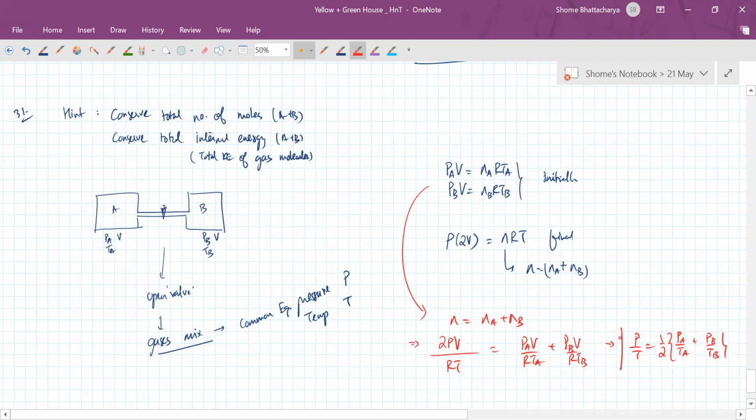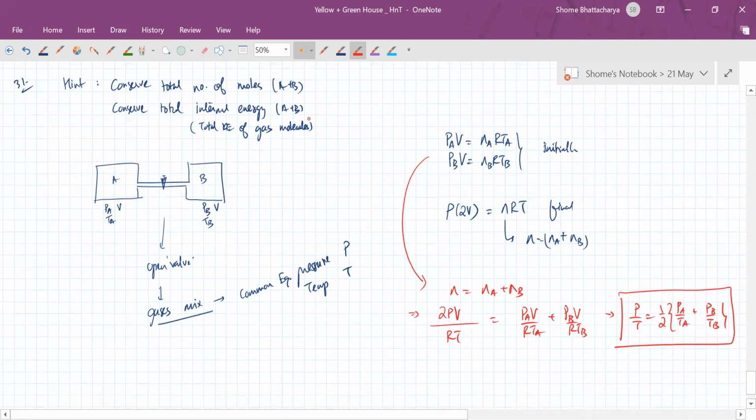So actually the way of solving the full problem now, because see, there are two unknowns, pressure and temperature. So conservation of moles will just give you this. But additionally, if I had information about this now, then I could have said that, okay, internal energy in the first is this, initially.